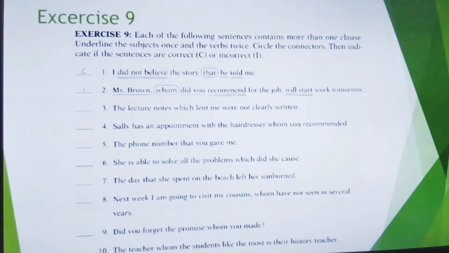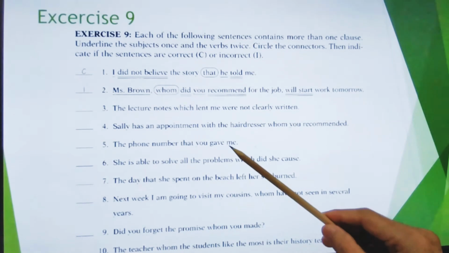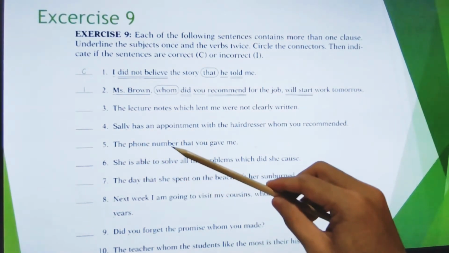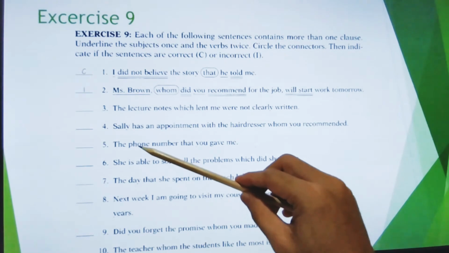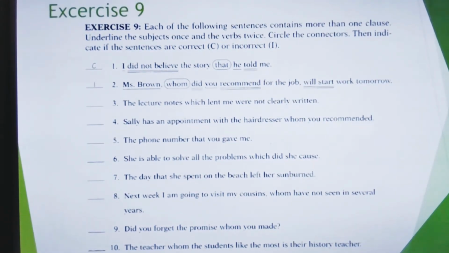About number 5, so we have this, the phone number that you gave me. The phone number. So what about number 7? Alright, sorry, number 5.